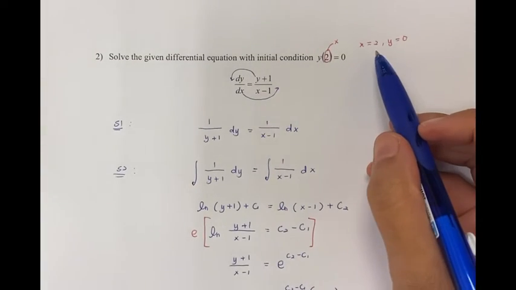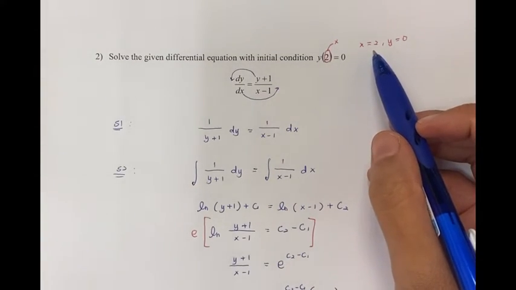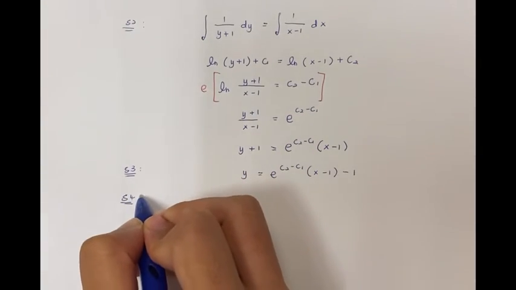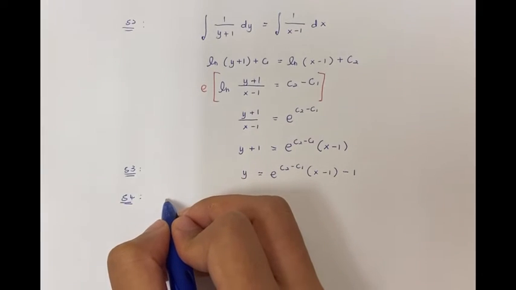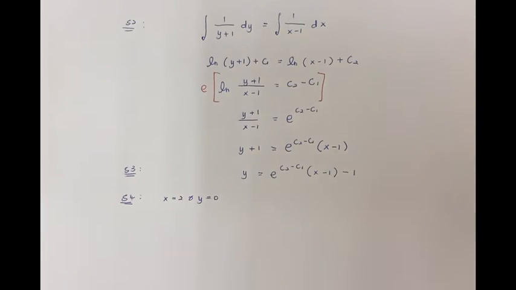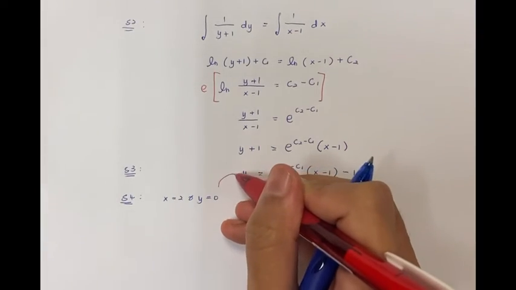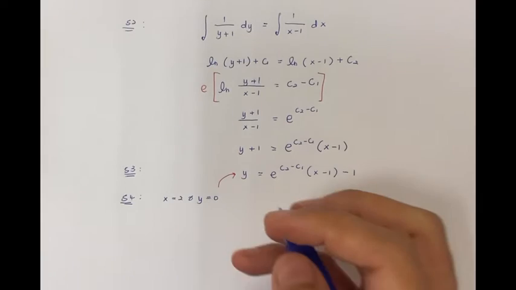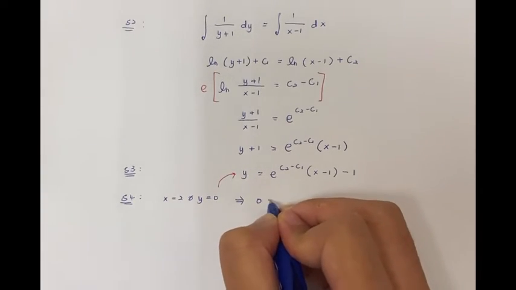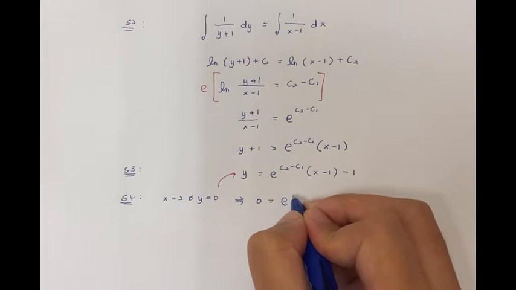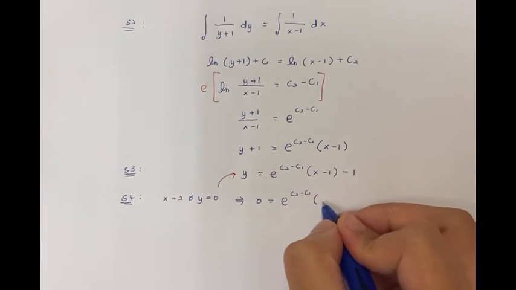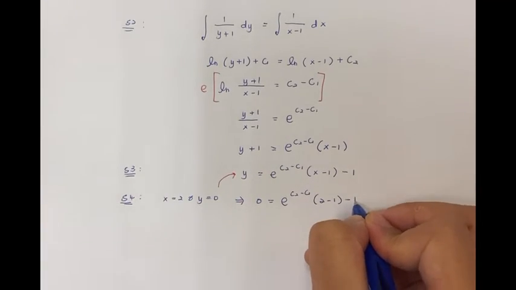So what you need to do is to add another step, step 4, to substitute the value for the initial condition. So for step 4, substitute x equal to 2 and y equal to 0 into this solution y. So it becomes 0 equal to exponent c2 minus c1, x is 2, so 2 minus 1, minus 1.